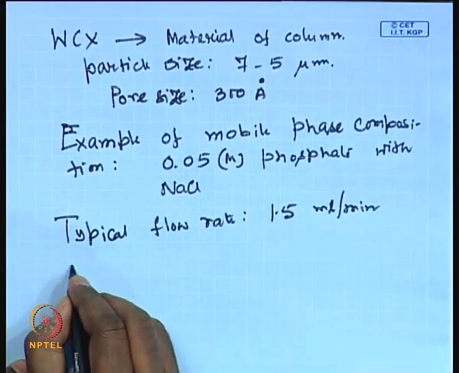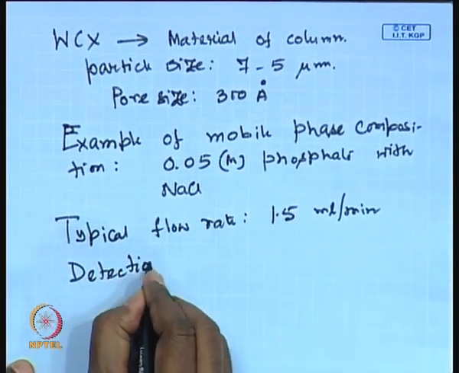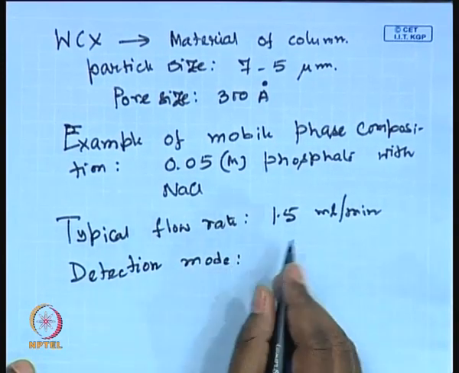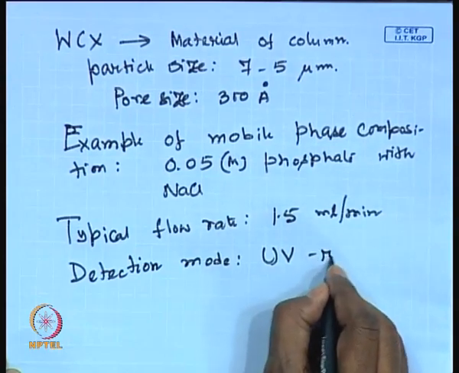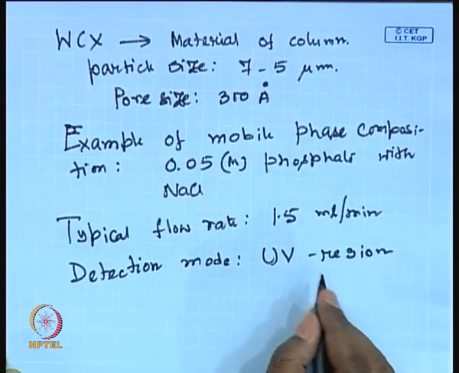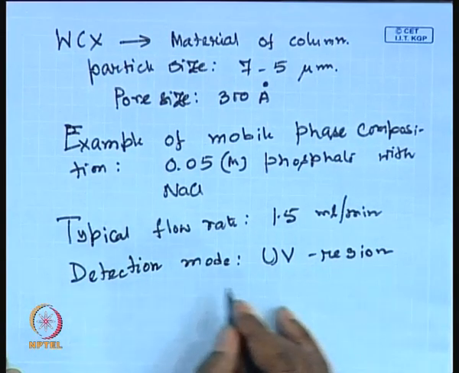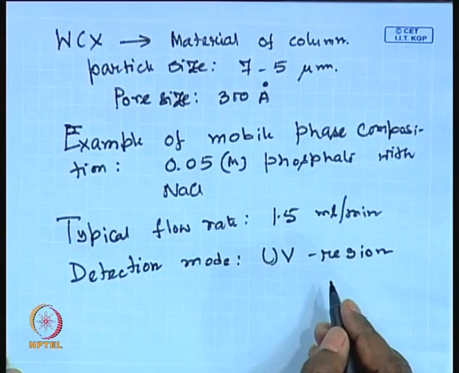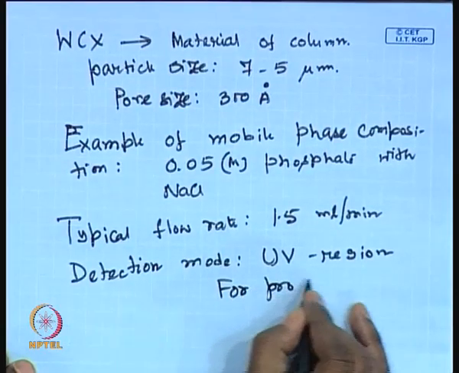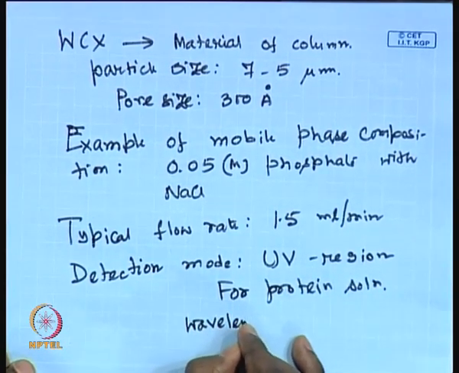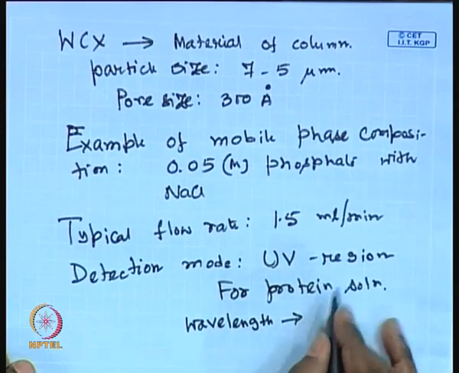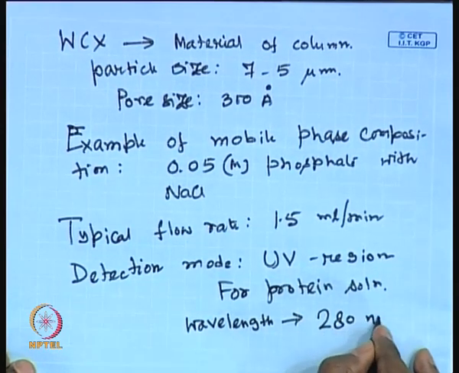The detection mode is in the UV region, ultraviolet region, and for protein you have to detect. Depending on the solute you are going to analyze, the wavelength of UV detection will be chosen. For a protein solution, the wavelength of UV is set at 280 nanometer.